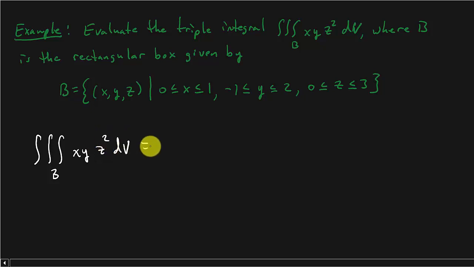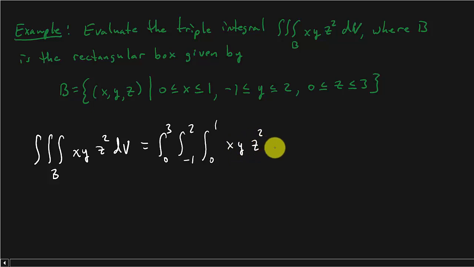And that is going to equal, we'll just start on the first one. We'll do 0 to 3, that's for the z, and then we'll go from -1 to 2, that's for the y, and then we'll go from 0 to 1, that's the x, of x y z squared.